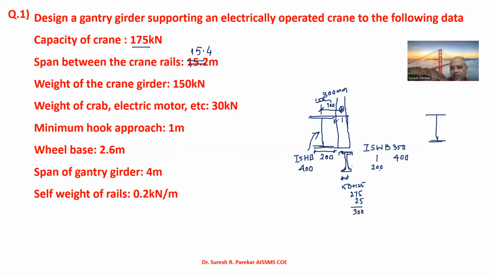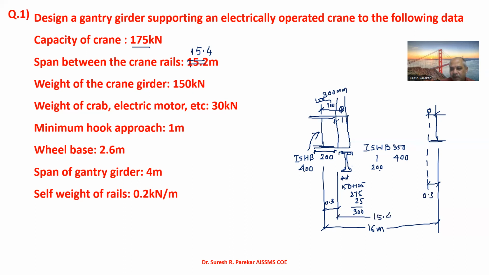So 300 from this and 300 from this, and therefore we have this span between the crane rails. So my span of the truss, this is the center to center distance, I have 16 meters, and then this is considered as 0.3, and this also 0.3. Then 0.3 plus 0.3 is 0.6, and this becomes 15.4.